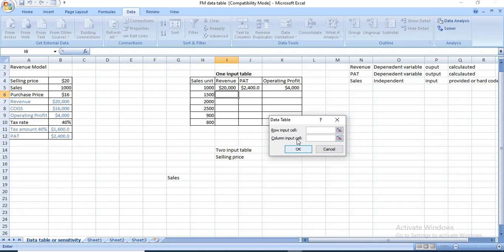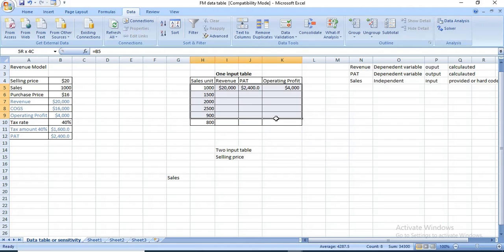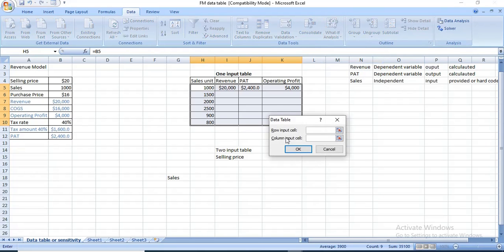These are the values which you are changing, and where do these values belong? That is this cell, sales. Actually you are changing your sales, so select sales, because you want to replace this cell with these numbers of sales. Then first you need to select this table, then Data Table, the column input cell.